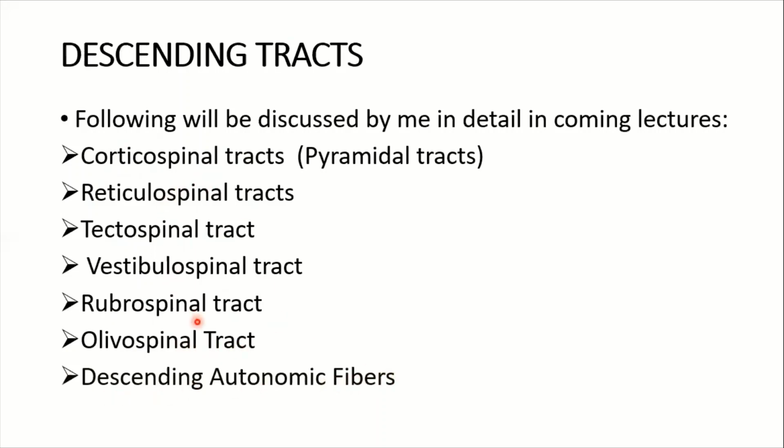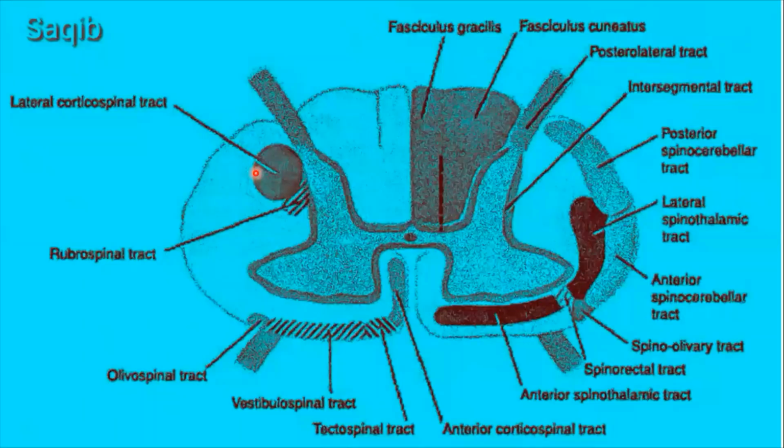These are the complete list of the descending tracts. And here you see in the picture, first of all, the pyramidal tract, which are the lateral corticospinal tract and the anterior corticospinal tract. So these two, anterior and lateral corticospinal tract, are the pyramidal tract along with the corticobulbar tracts as well.